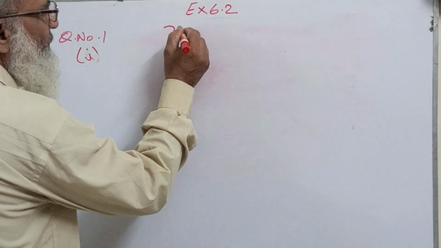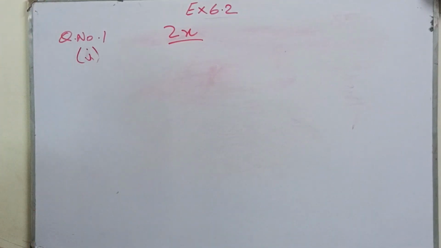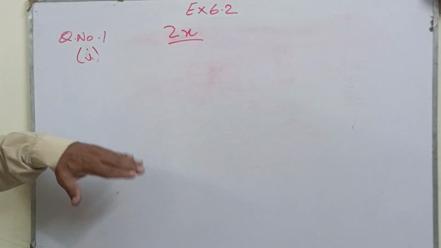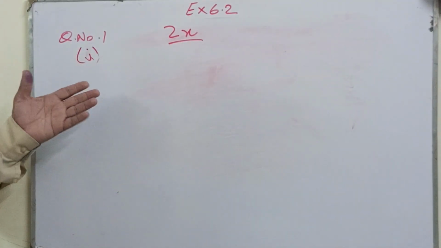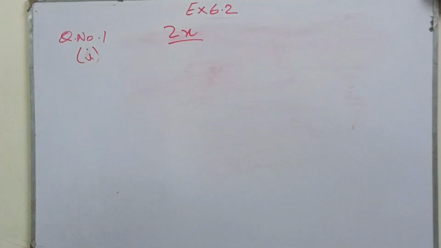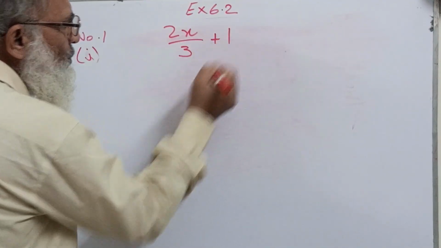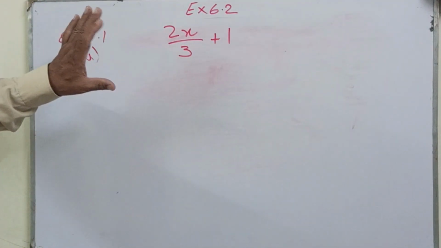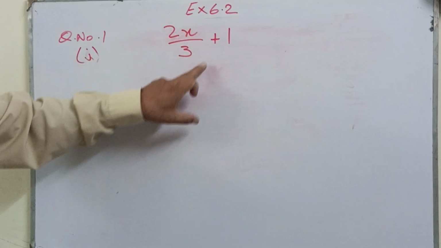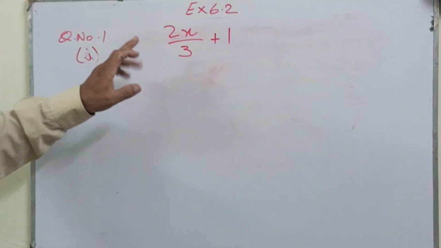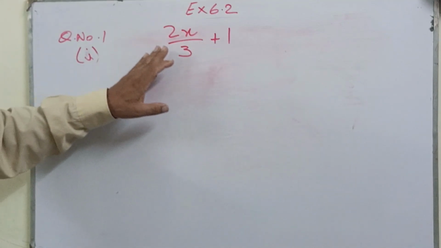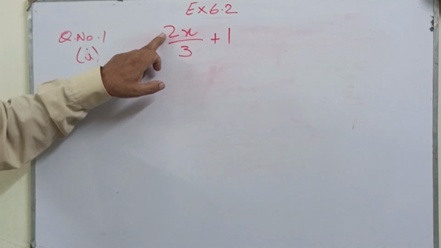Now you will feel the difference between this part and the part which I did prior to this. That was I. Now this is 2x divided by 3 plus 1. Now you see that the fraction is only under the term which has a variable and a coefficient.